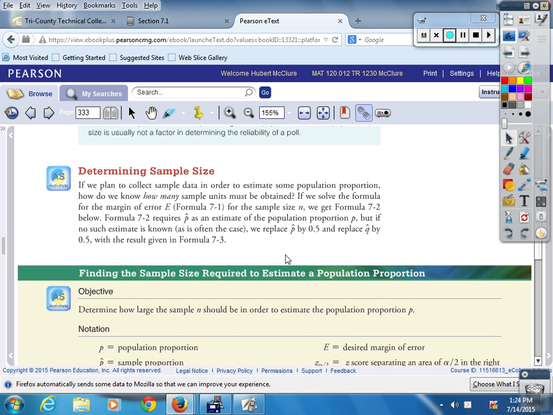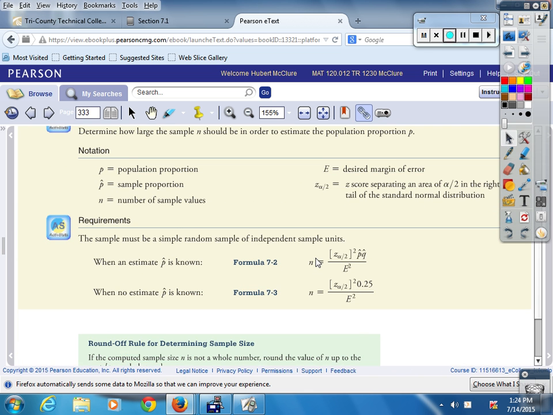All right, I want you to make a note right here. Here is how you find the sample size. Now I want you to look at these two. Let me just blow them up for you.